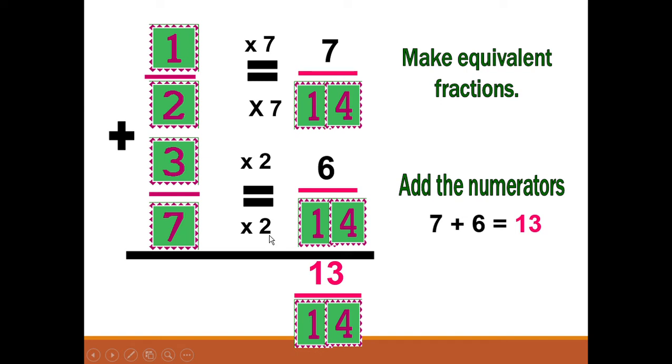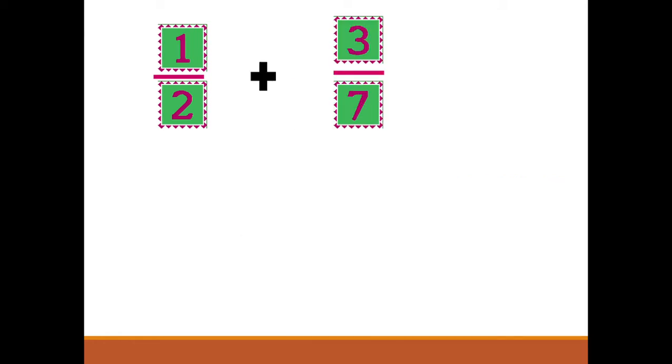Pero may isa akong procedure na medyo mas madali, na hindi mo na kailangan mag-count by 2s o by 7s. Ito yon. Same problem pa rin ito. Kopyahin mo yung dalawang denominator. Tapos tingnan mo anong common sa kanila: 2.